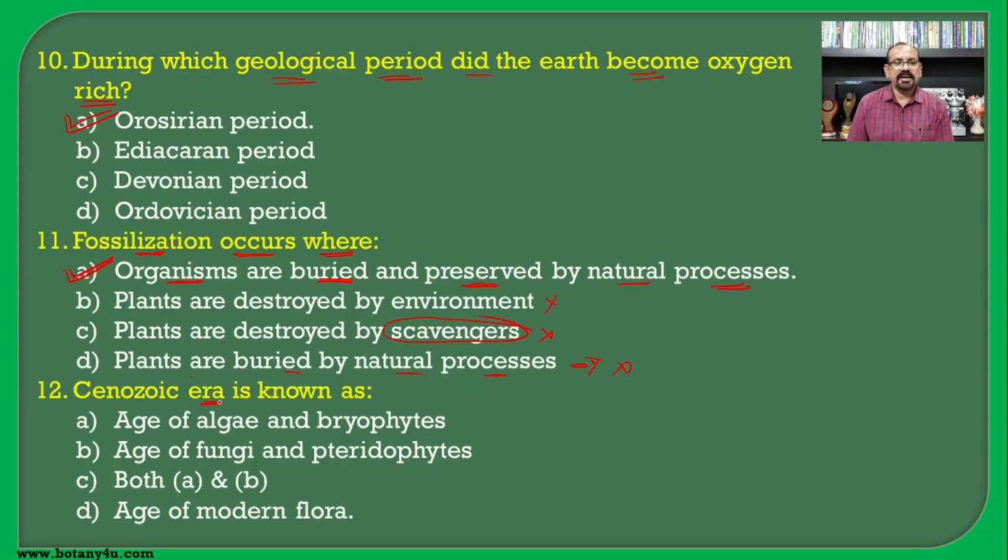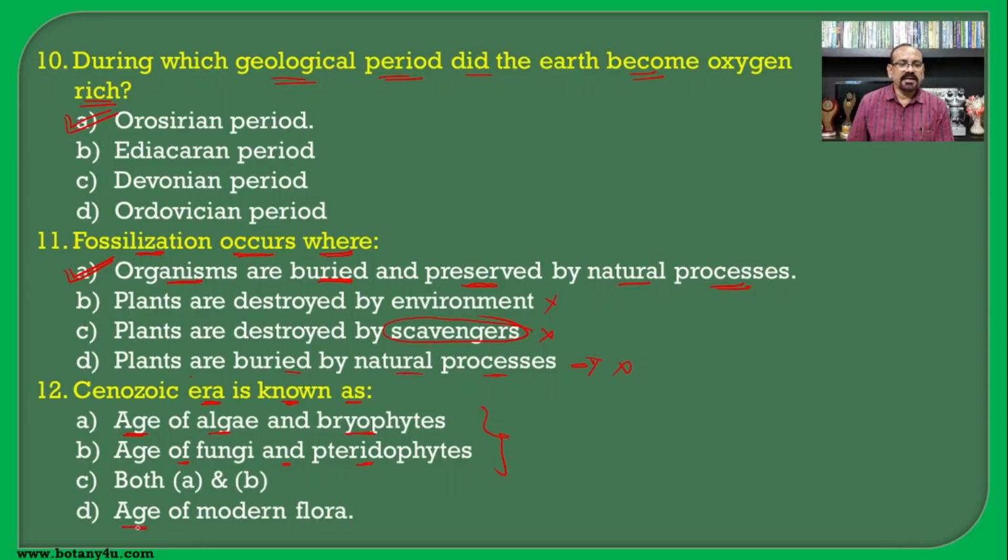Then, the Cenozoic era is known as... if you see the Cenozoic era, which is almost the modern one, algae and bryophytes became abundant in an earlier age, and even the age of the fungi and the pteridophytes originated further back and not in the Cenozoic era.